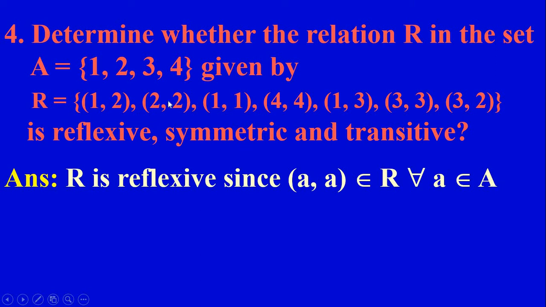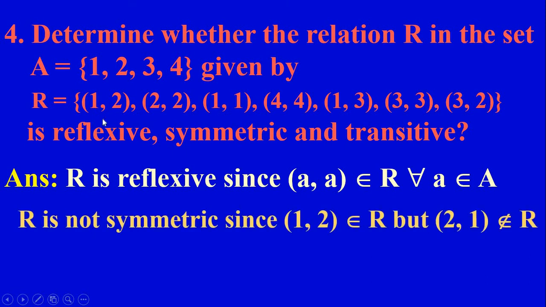We check symmetric. Here we have (1,2) and (2,1) is not there. So therefore it is not symmetric, since (1,2) belongs to R, but (2,1) does not belong to R. Next we check transitive. (1,2), (2,2) gives (1,2), it is there.